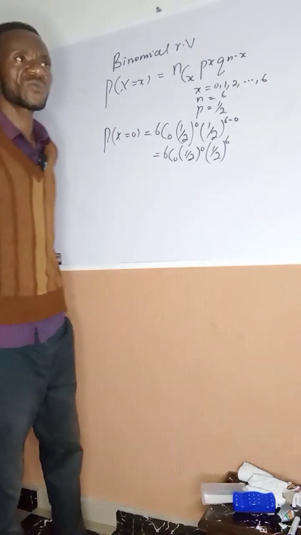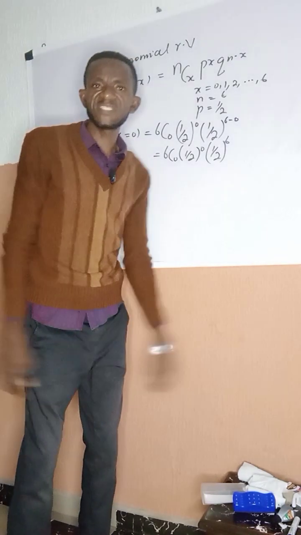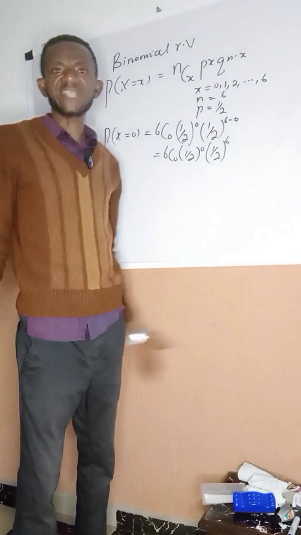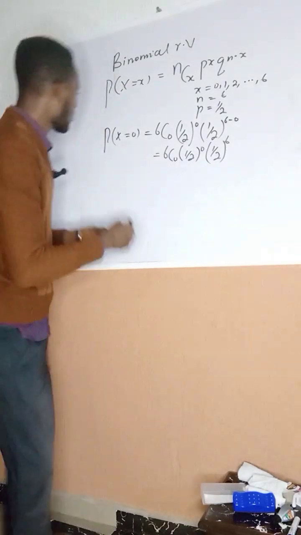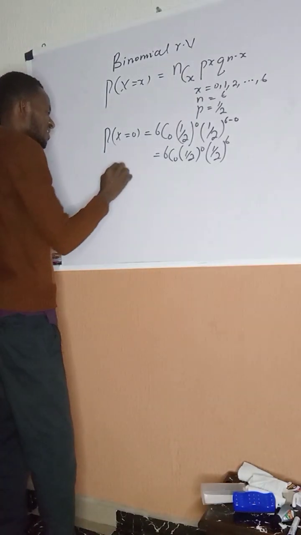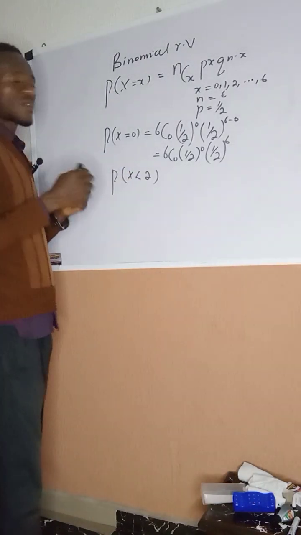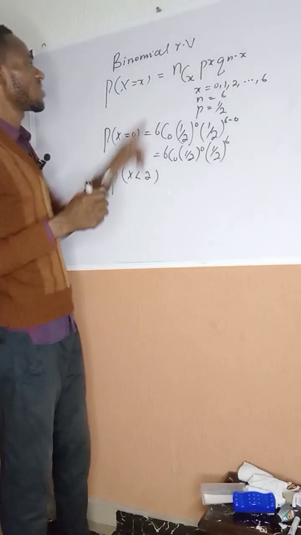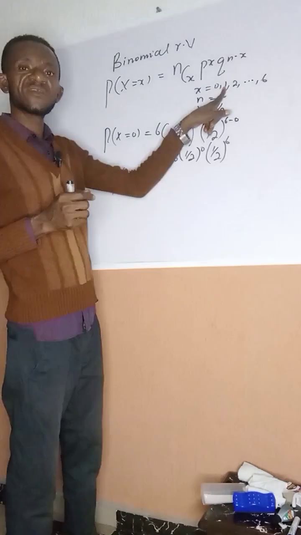The only thing they will ask you here, which I want to explain, is when they say, what is the probability that x is less than 2? So you are talking about the probability that x is less than 2. Of course, if x is less than 2, x can become 0. x can become 1.